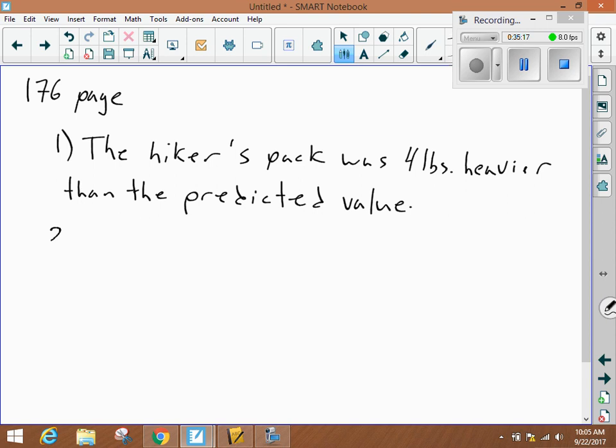So we have a picture of this residual plot you can see on the page, and it's asking is a linear model appropriate? This thing looks kind of like this.